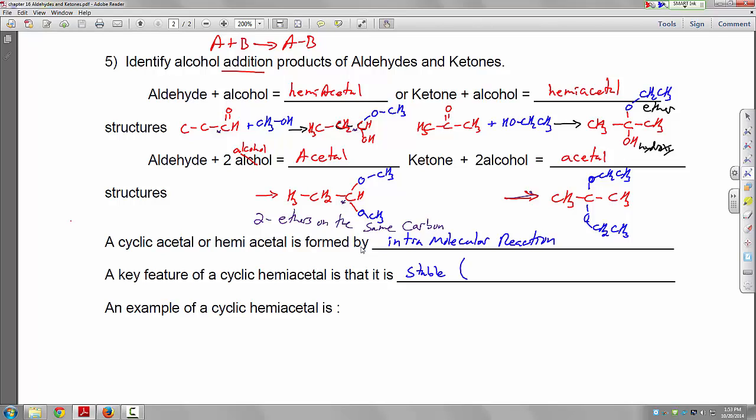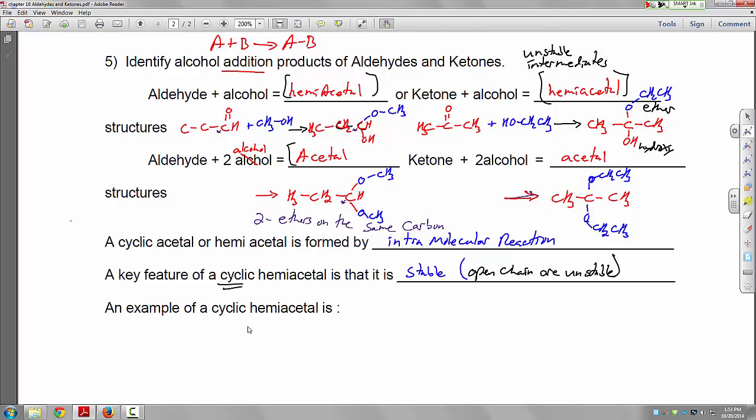The other hemiacetals that I have up here are essentially unstable intermediates. So the key here is if it's cyclic, it is stable; open chain is unstable. And we will see examples of cyclic hemiacetals when we start talking about carbohydrates.